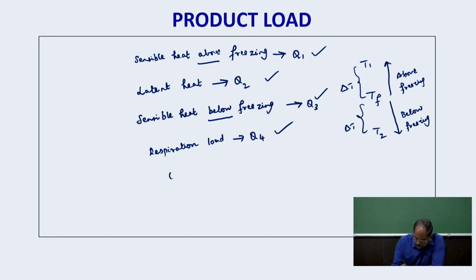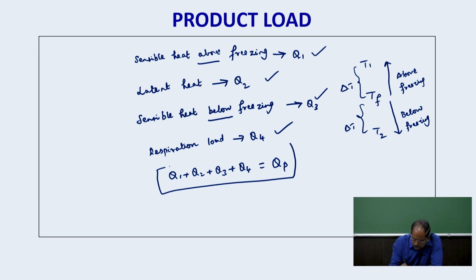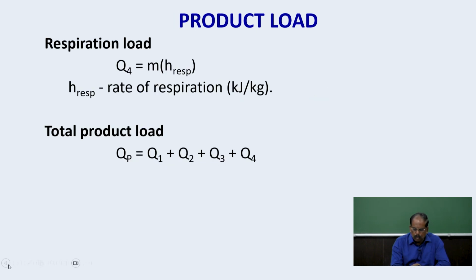So when we add Q1 plus Q2 plus Q3 plus Q4, that is the sensible heat load above freezing, plus the latent heat load, plus the sensible heat load below freezing, plus the respiration load, that will give the total product load. So QP is equal to Q1 plus Q2 plus Q3 plus Q4.